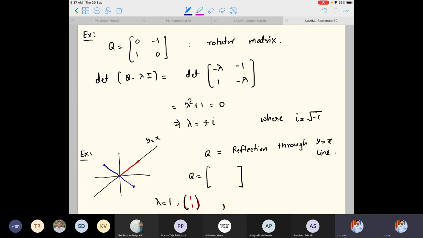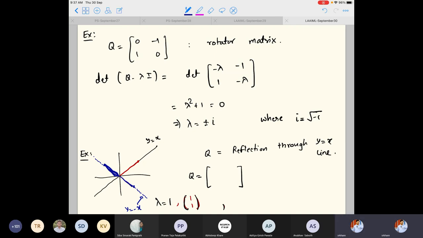So if you look at the orthogonal line, which is y equals -x, every vector you take on this line becomes its negative under the action of Q.